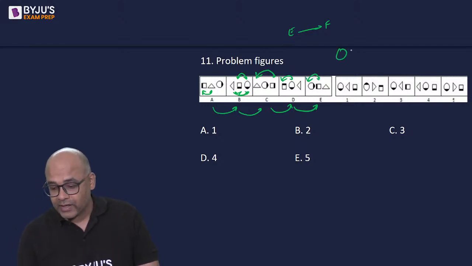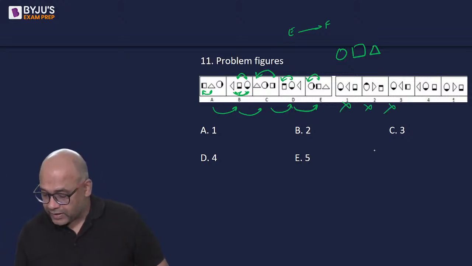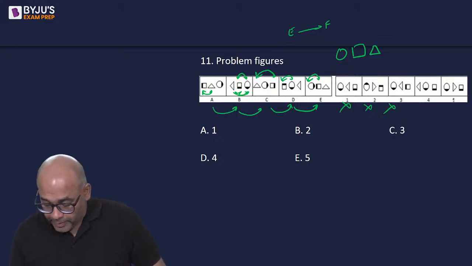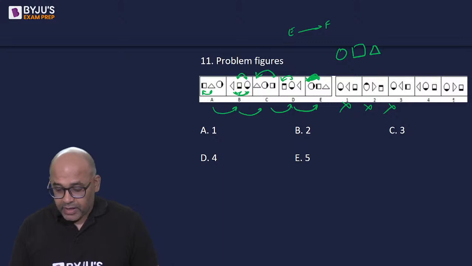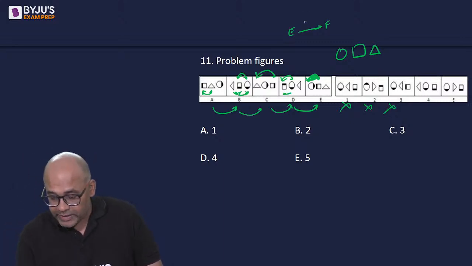So I should have a circle, a rectangle and a triangle. This is incorrect, this is incorrect, this is incorrect. Or, oh sorry, my bad. D to E, already these two interchange has happened. So basically E to F should be interchange between 2 and 3.